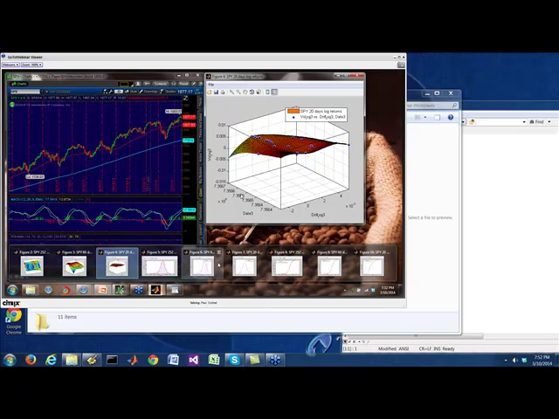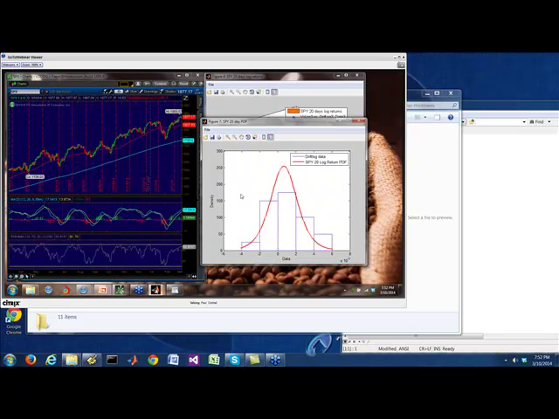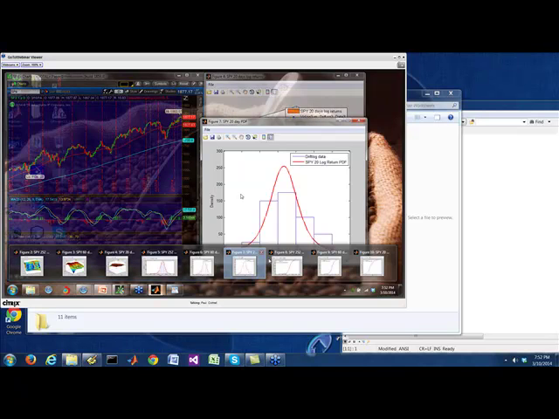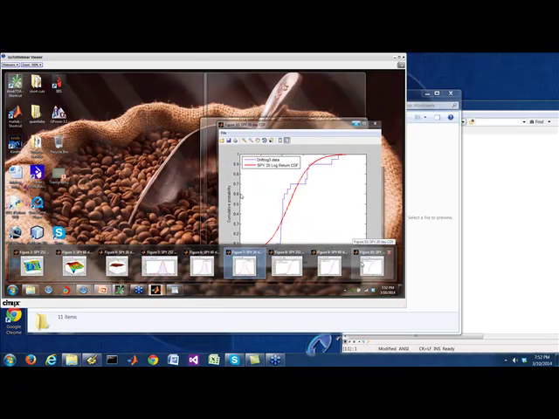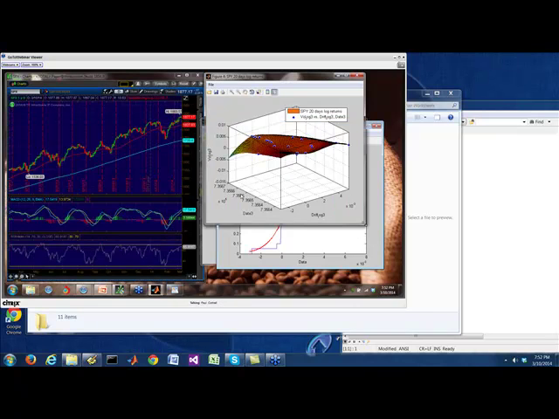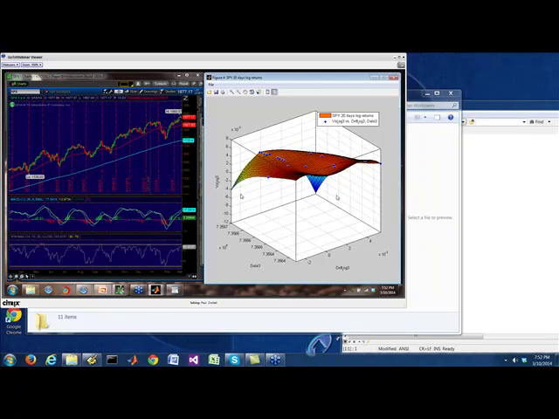All right, now those are PDFs, and then the 20-day CDFs. Now, I trade with many different screens. It's kind of hard to show on the webinar with just this one screen, but I have a lot of different screens.